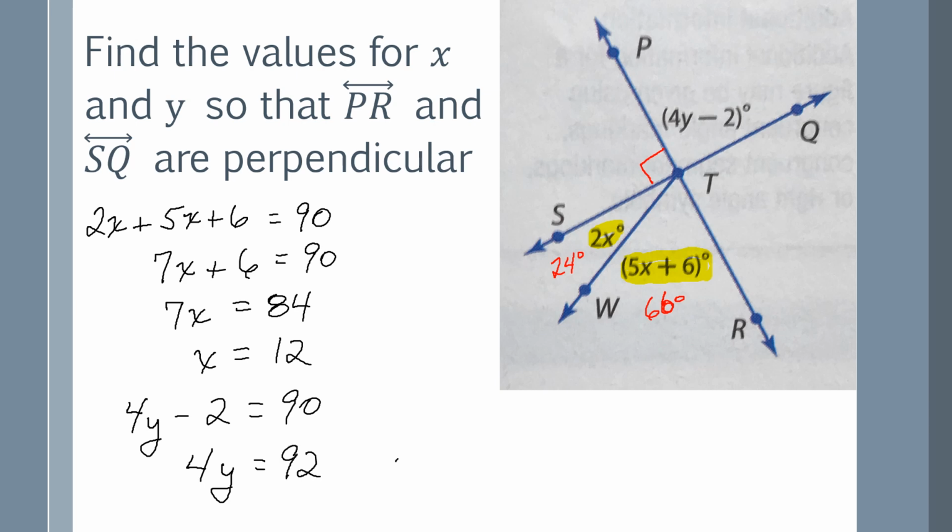Divide each side by 4, and I've got y is equal to 23, right? Let's check it. Okay, so 4 times 23 is 92. Subtract 2 is 90, right? So when you're done with this, we circle our answers.